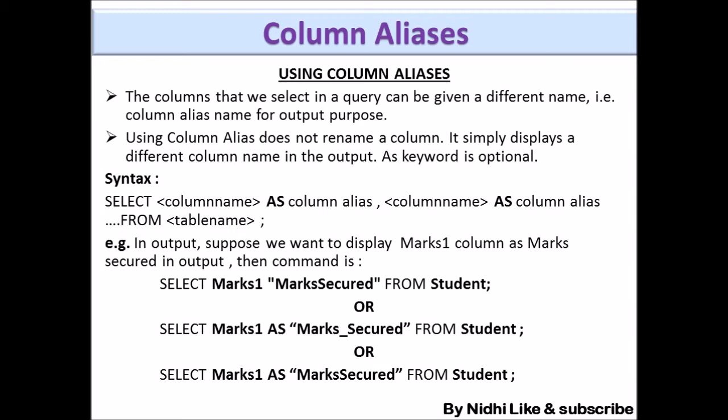The syntax is select, then you write the column name, and if you want to change that column to a different name, then you write AS and then the new name. Then from, you write the table name. Here 2 or 3 columns are mentioned, so we are changing the names of 2 or 3 columns. So in the output, suppose we want to display the mark 1 column as mark secured in the result, then you have to write a command like this.